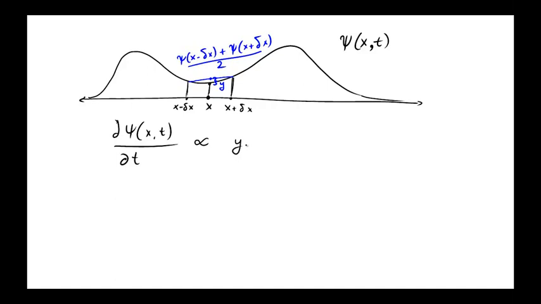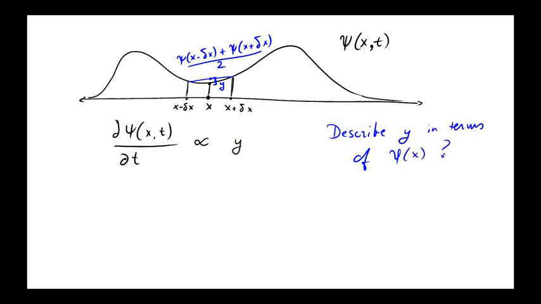So the rate of change of psi at this point x is proportional to the difference between psi at this point x and the average of the neighbors, infinitesimally to the left and to the right. Okay, so now, as delta x tends to 0, can you describe y in terms of psi of x?